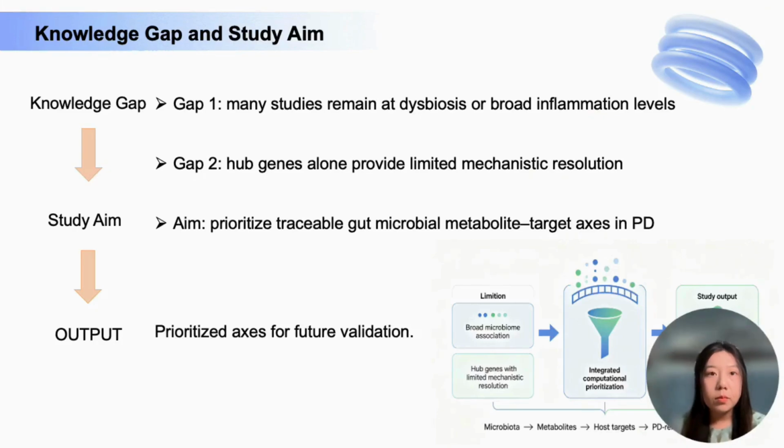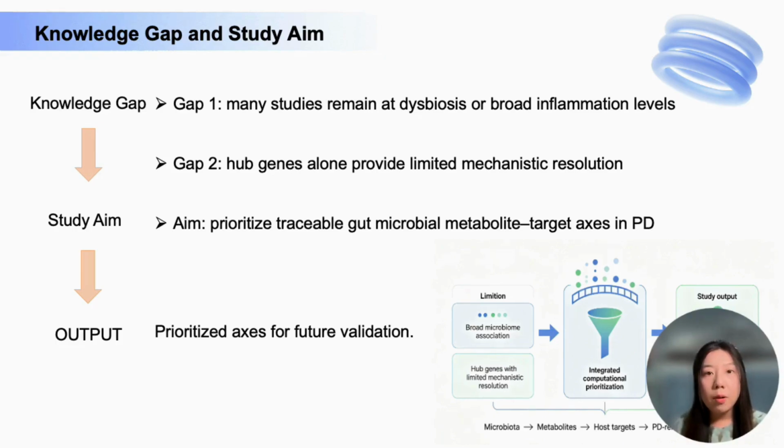pathways. Many studies have reported gut microbiome changes in PD, but some gaps remain. First, many studies stay at the level of broad microbiome association or broad inflammation. Second, hub genes can show important host genes, but they may not tell us where the upstream microbiome signal comes from.